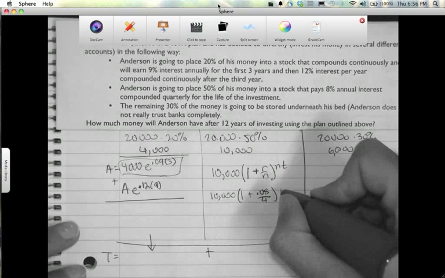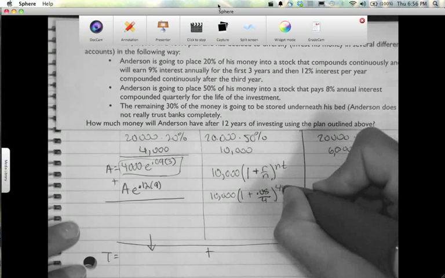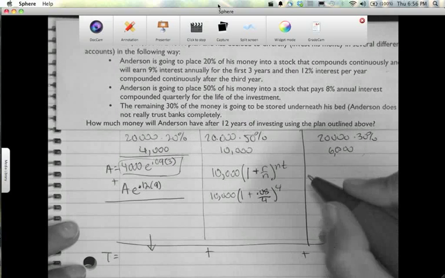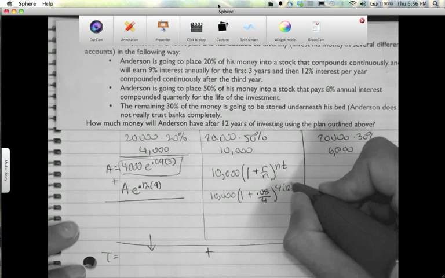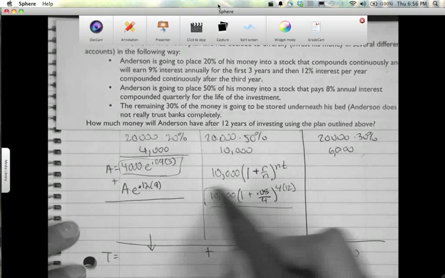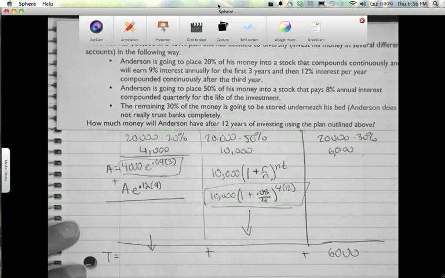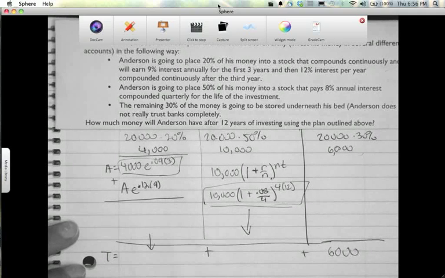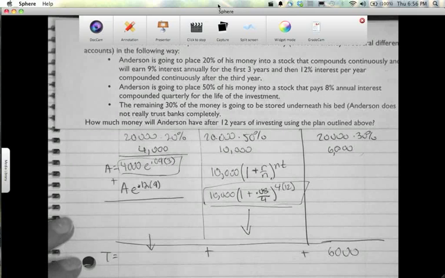And that's 4 up here too, because N is up there too, times T. Well, T represents 12 years, so 12 goes there. I calculate this, and that goes there. All I need to do at this point is add all three together, and I've got the total amount. Go ahead and calculate that, and I'm sure you'll do great.